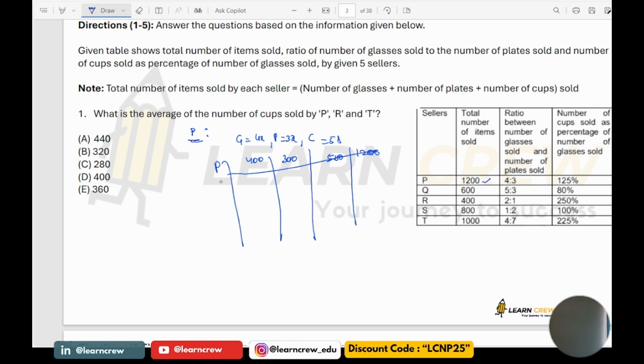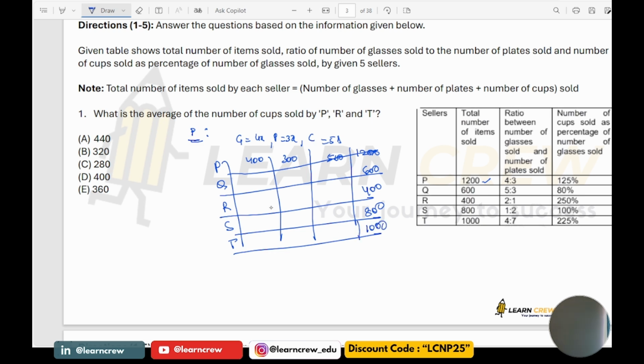Similarly for Q, R, S and T, if you calculate, the totals are given as 600, 400, 800 and 1000.